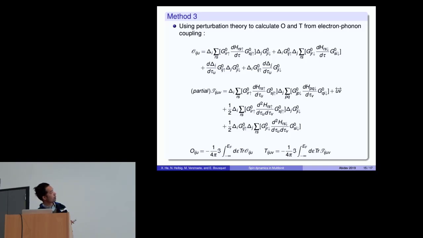For O_iju, we need only the first order, so I think we can get it easily from MULTIBINIT. For the second order one, we need some second-order electron-phonon coupling parameters. I hear that there is a lot of development now in MULTIBINIT, and I hope I can get some help from that.